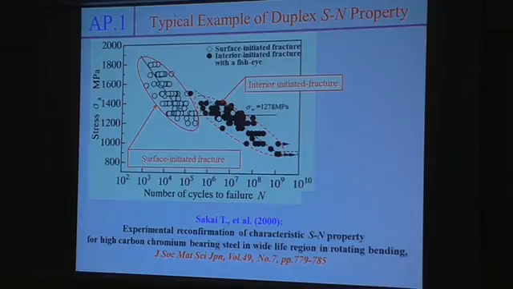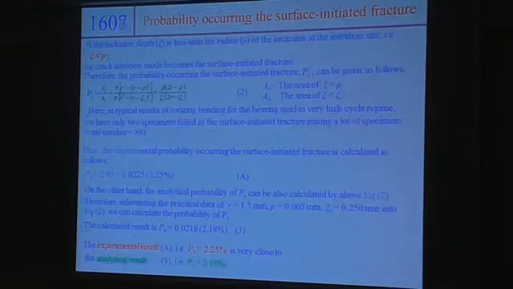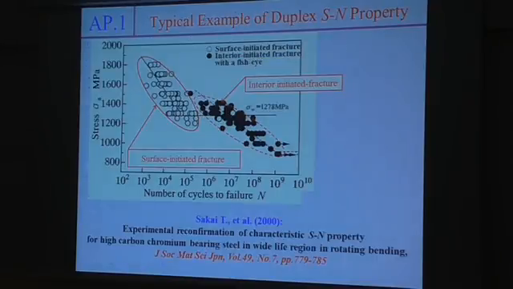And a lot of open circles here indicate surface initiated fracture. And a lot of solid marks here indicate interior initiated fracture. And 2 open circles exist in the interior initiated fracture area.